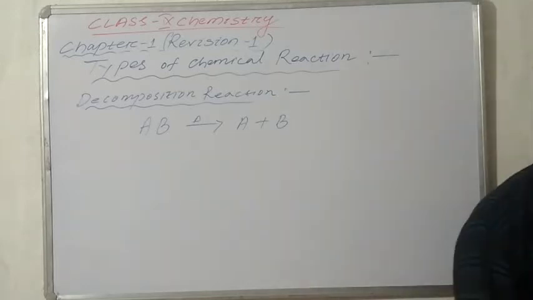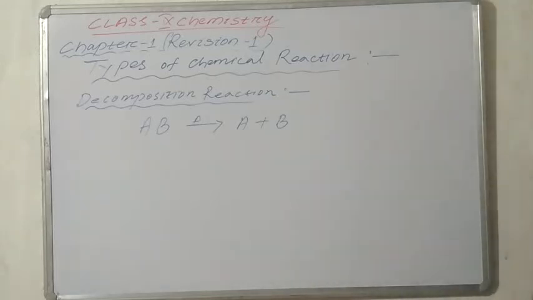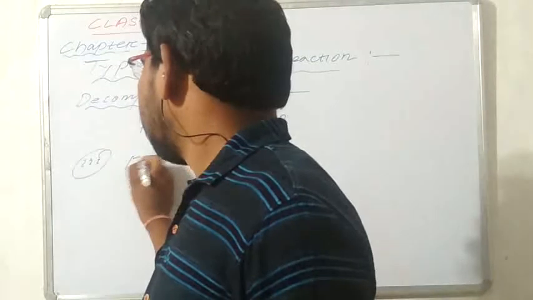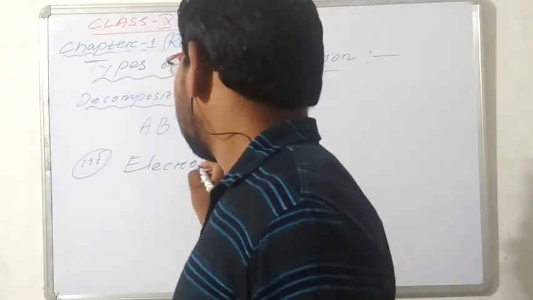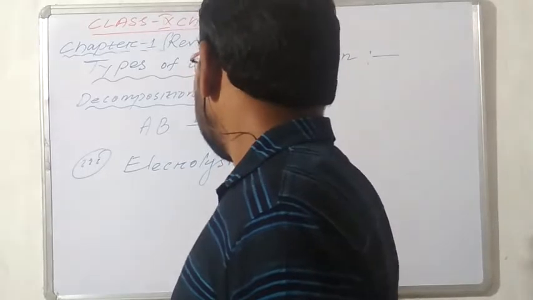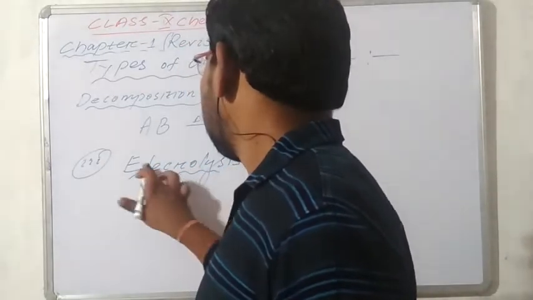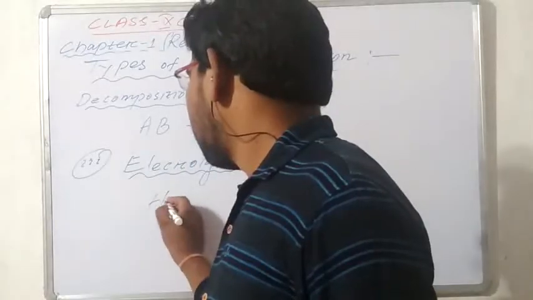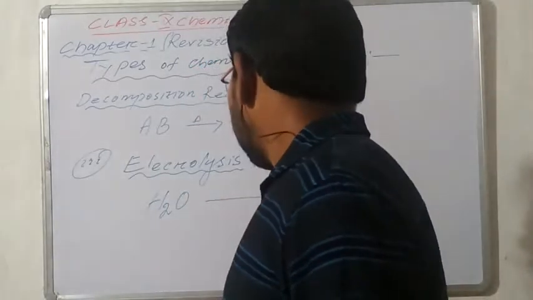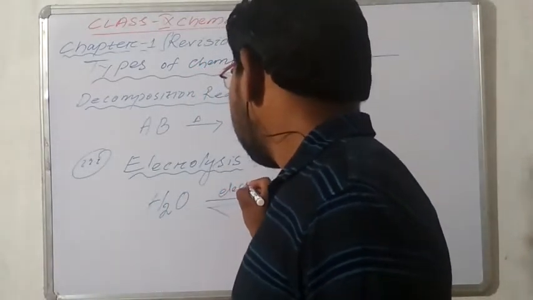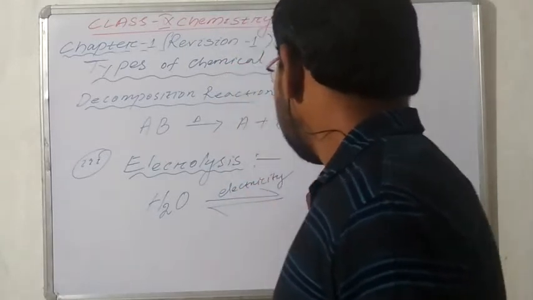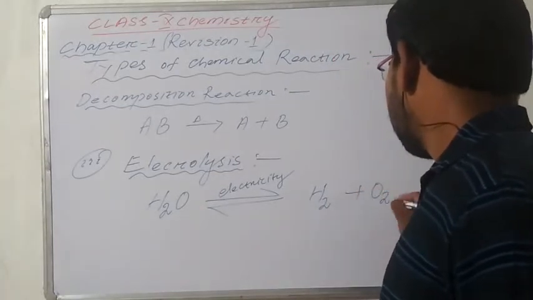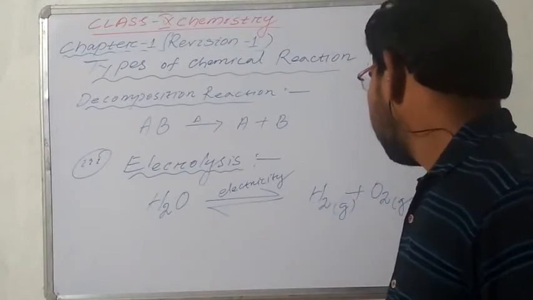The decomposition reactions which occur in the presence of electrical energy are known as electrolysis. An example is H2O. H2O is decomposed in the presence of electricity and changes into hydrogen gas and oxygen gas.